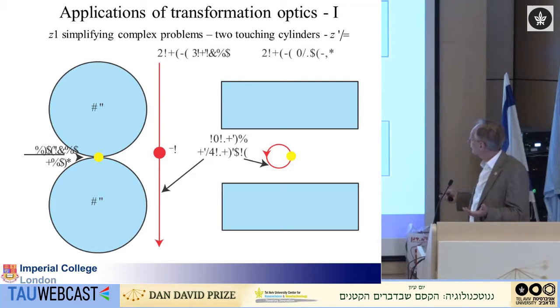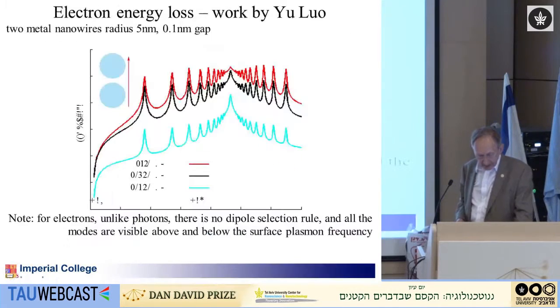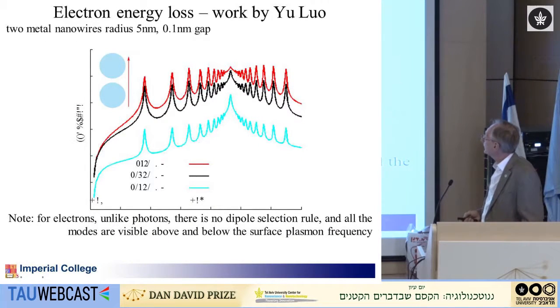And all you have to ask is how the simple modes of this waveguide respond to the excitation which the electron is giving to it, and that calculation you can do, done by Yu Liu, who's now a professor in Singapore.